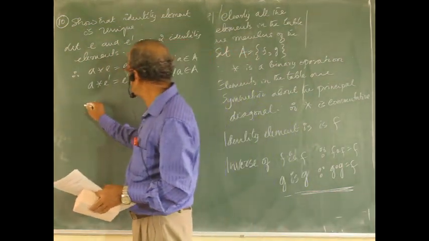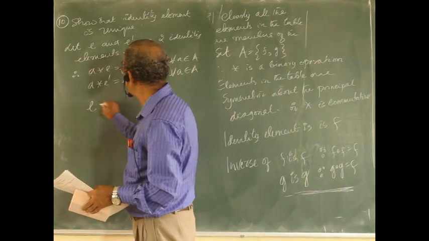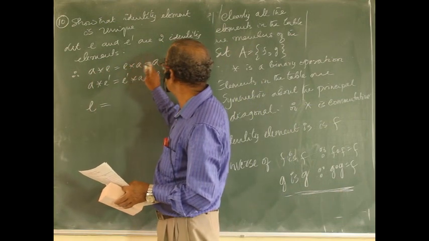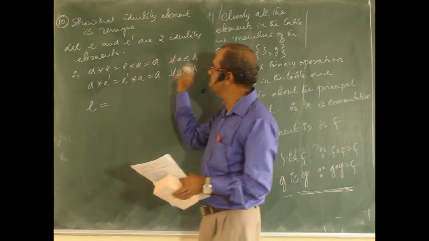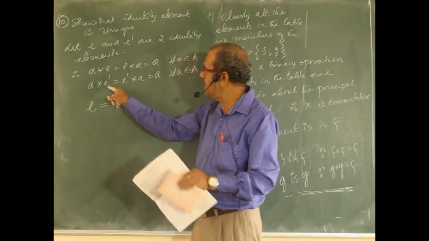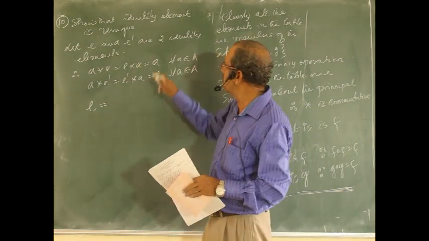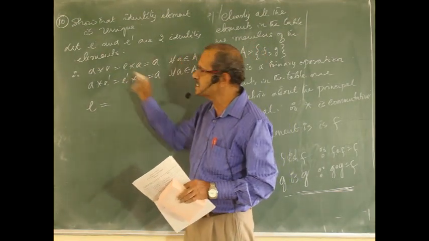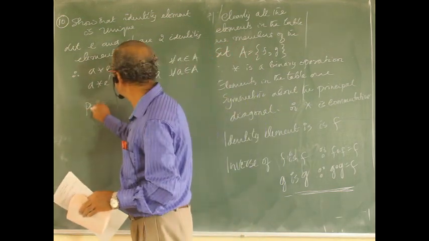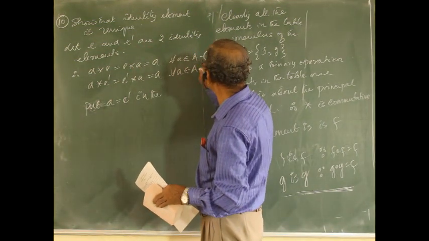Let me take E as the identity element: A star E equal to E star A equal to A for every A belongs to A. Considering E dash as the identity element: A star E dash equal to E dash star A equal to A. Now in the first equation, this E dash is one of the elements in the place of A. Therefore, put A equal to E dash in the first equation.